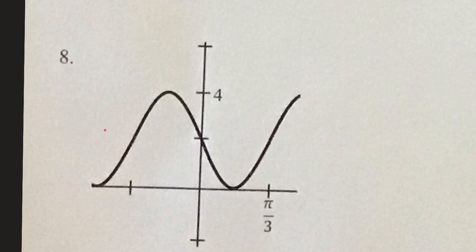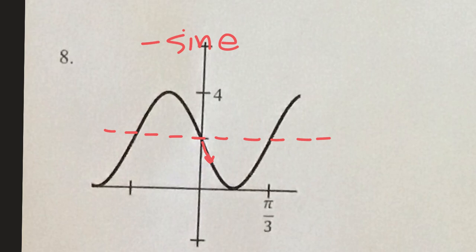Notice that it crosses your midline at the y-axis, but it goes down. Okay? So this would be most natural as a negative sine graph. A positive sine graph would start at the origin and go up, but because our graph goes down, that makes this most natural as a negative sine graph.